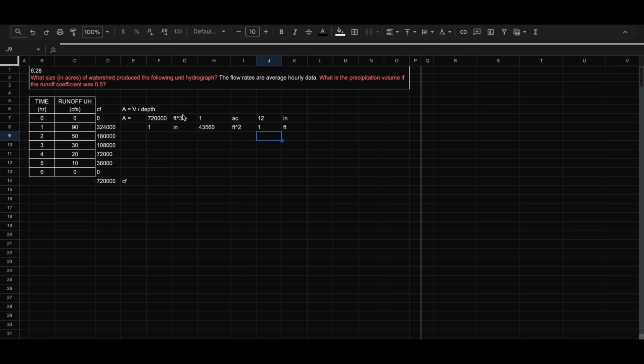Those cubic feet cancel, and then these inches cancel, and we're left with the acres. So if we solve for that, this equals this times 1 times 12 divided by 1 times 43,560 and times 1, right? And that gives us acres.